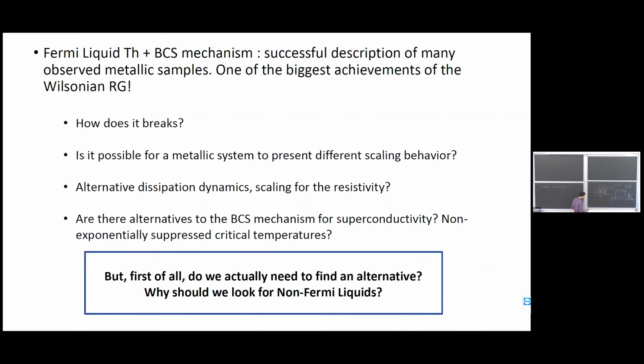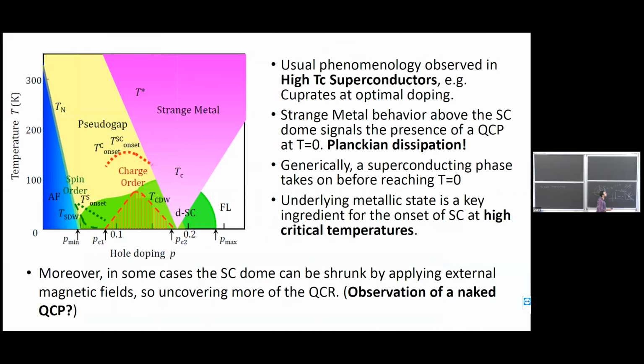Again, it comes by the hand of a groundbreaking experimental finding, which is the detection of the strange metallic phases, usually in high Tc superconductors. In order to illustrate this very briefly, I just include a schematic picture of the typical phase diagram of a cuprate high Tc.